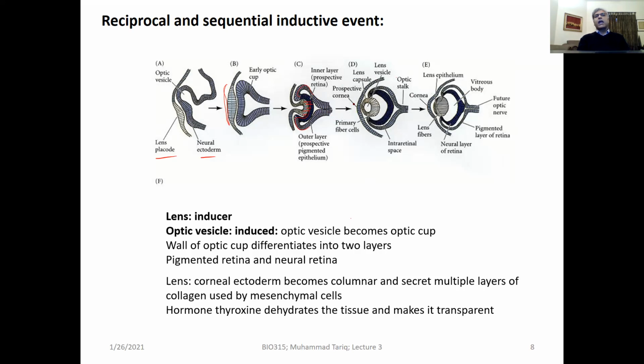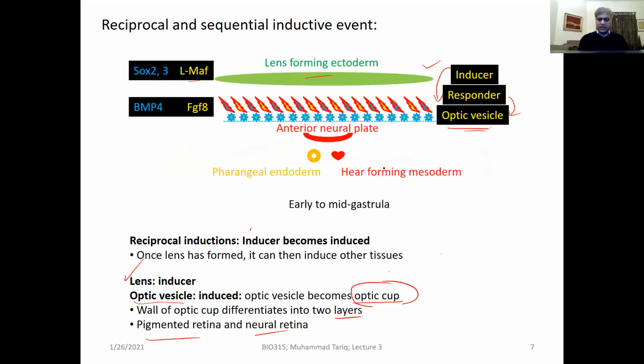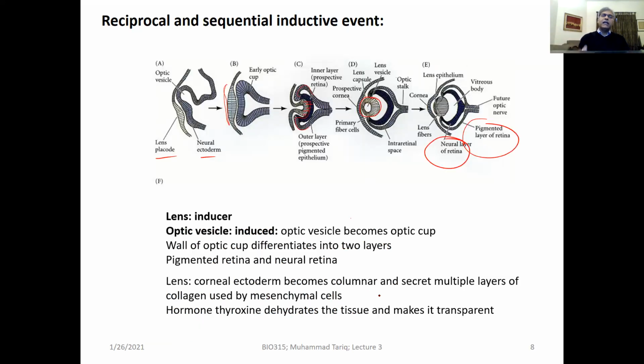And due to this reciprocal induction, you can see there is a clear lens capsule, a lens vesicle. And now you have neural retina and the pigmented layer of retina, which are the two cell types which differentiate in response to reciprocal induction by the lens.